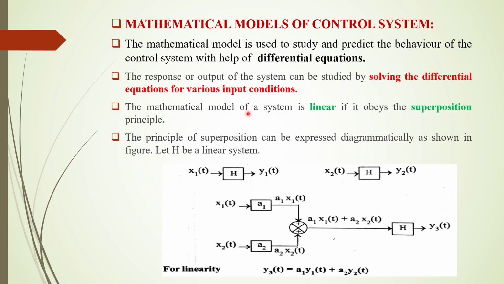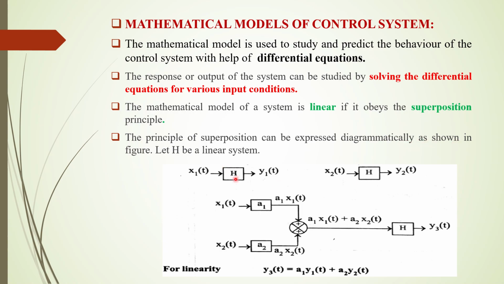The mathematical model of a system is linear if it obeys the superposition principle. The principle of superposition can be expressed diagrammatically as shown in the figure.